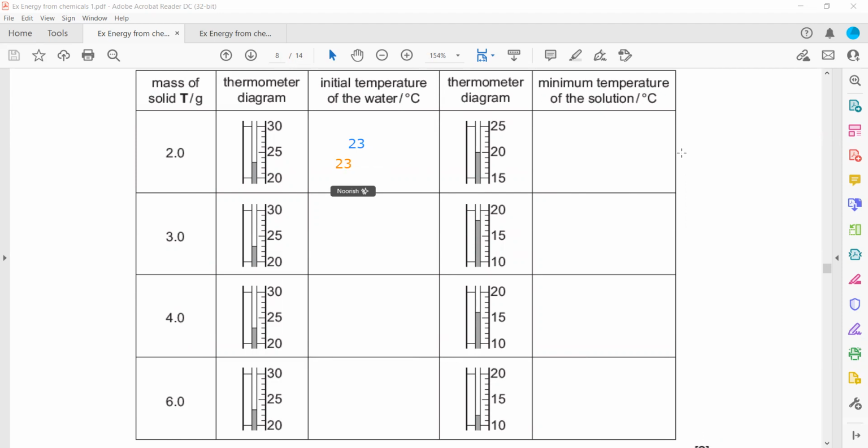Another initial and minimum temperature. So 23, 20, yeah, 18 is there.